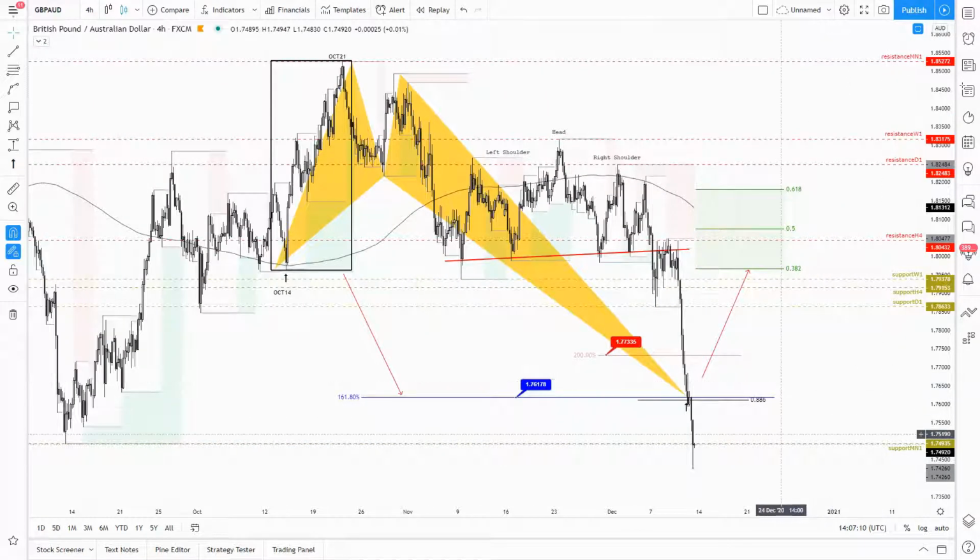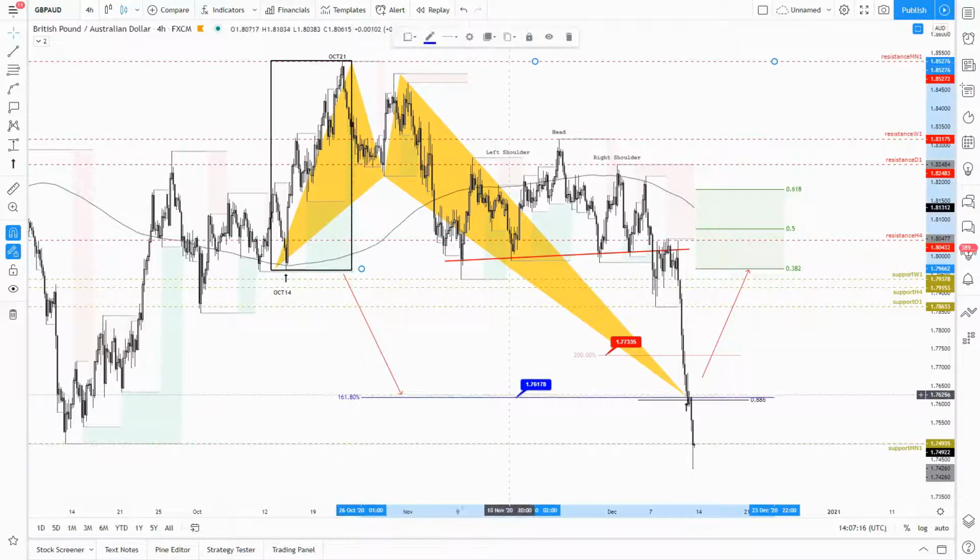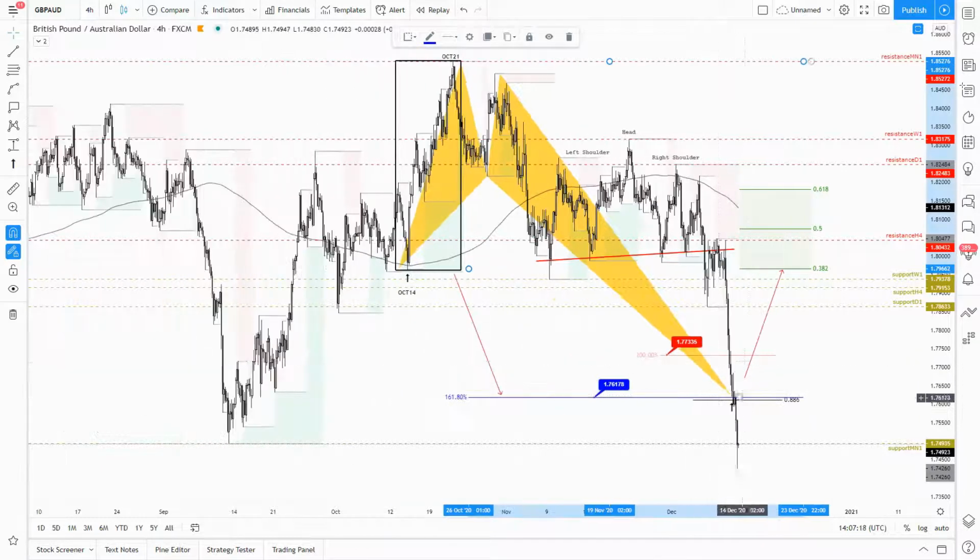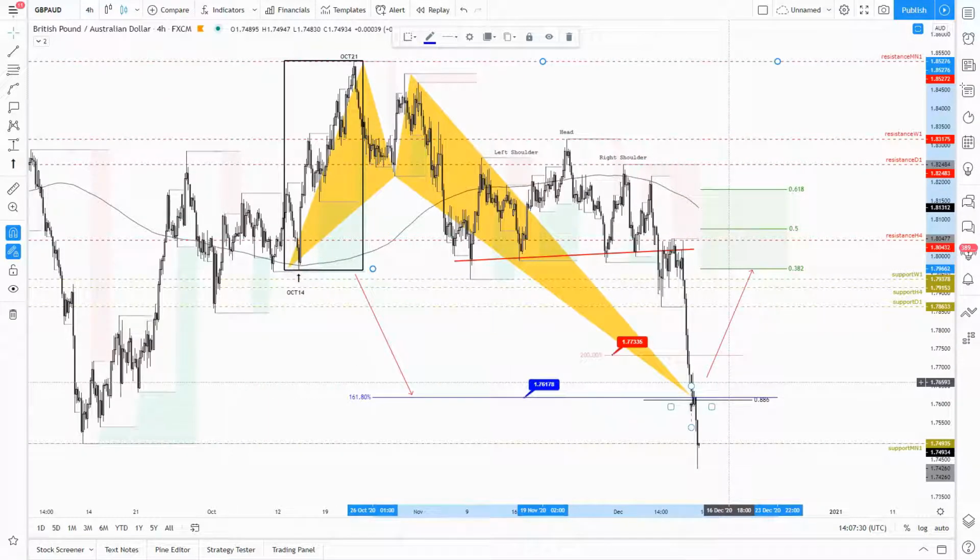So we are now threatening that monthly fractal. I projected this as a crab pattern at 161, but I also shared a note saying to pay attention to that monthly fractal. I will not be surprised to see the market ignoring that fib, given the strong momentum and the strong move here.